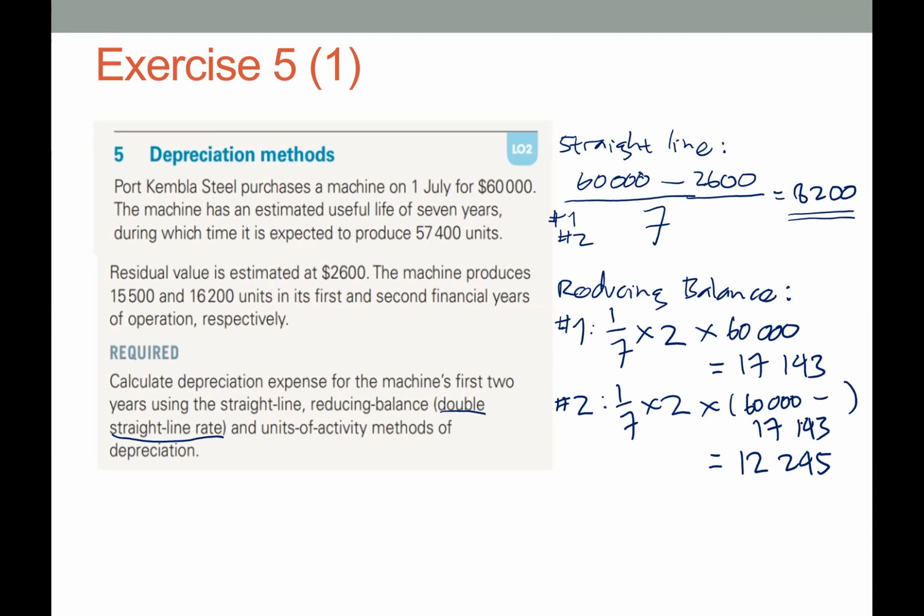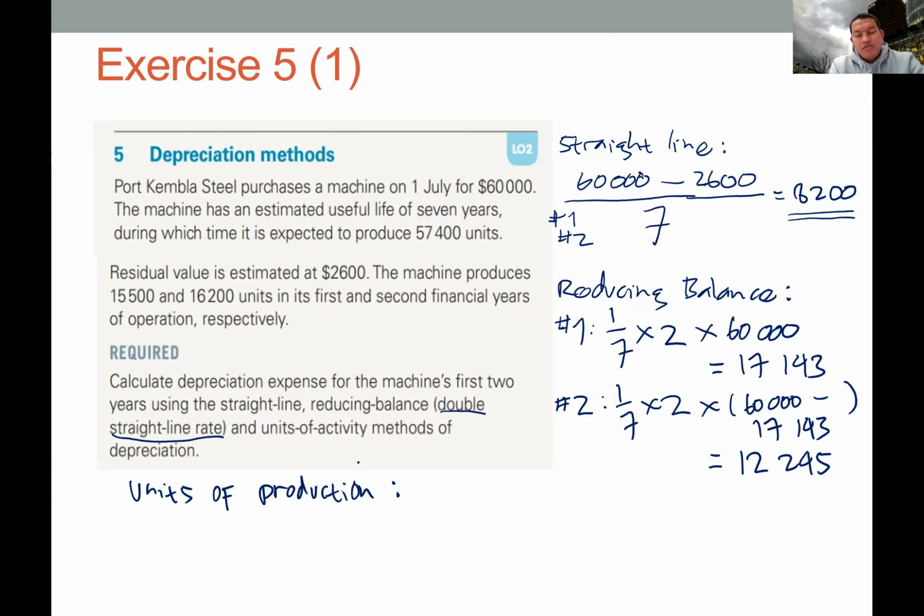Okay, next is the units of activity or units of production. Okay, now first we have to calculate the depreciable value, same with the straight line method.